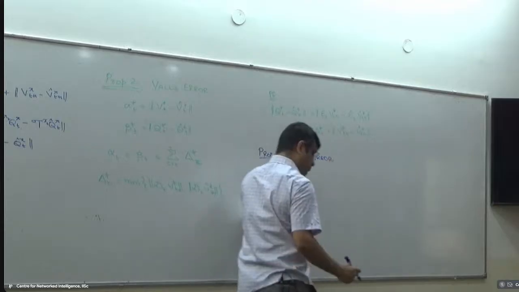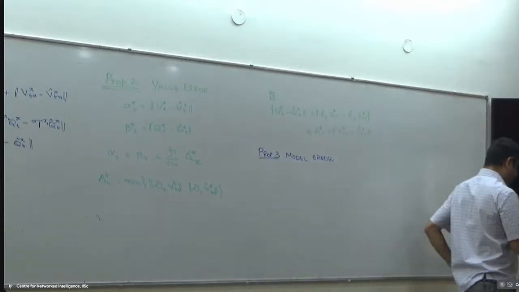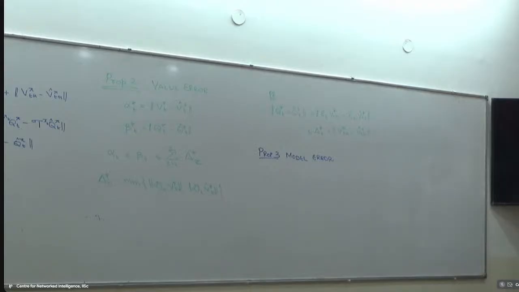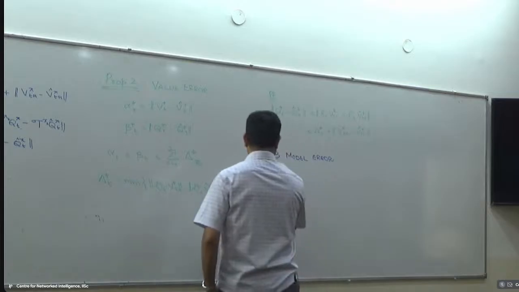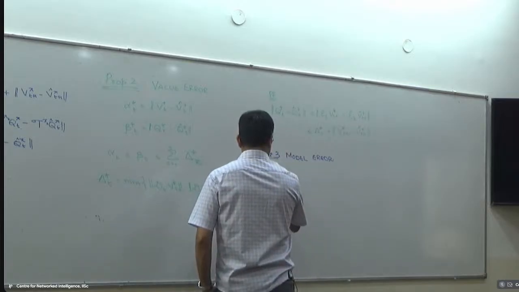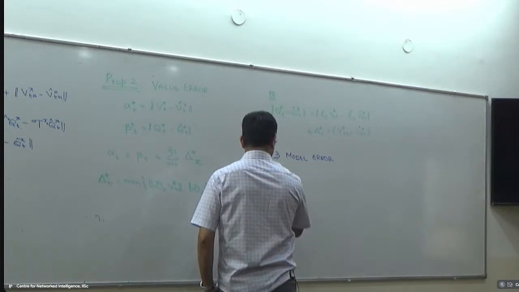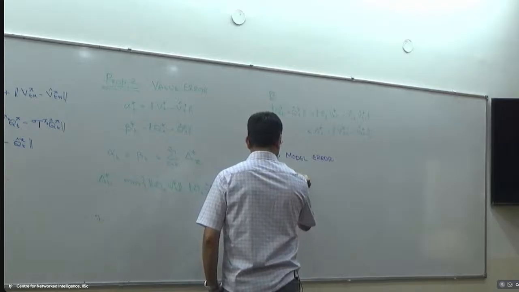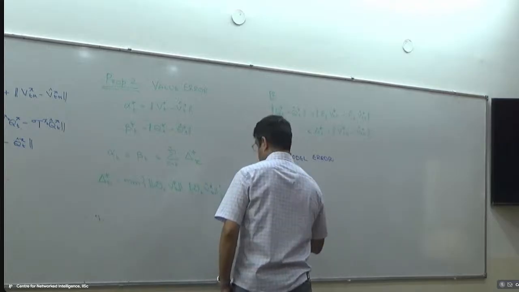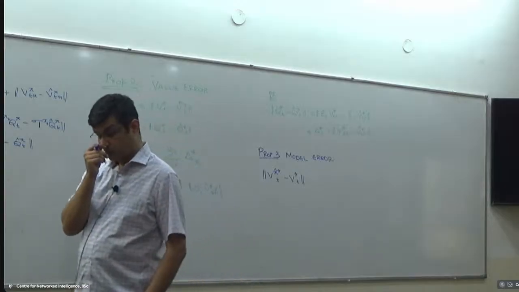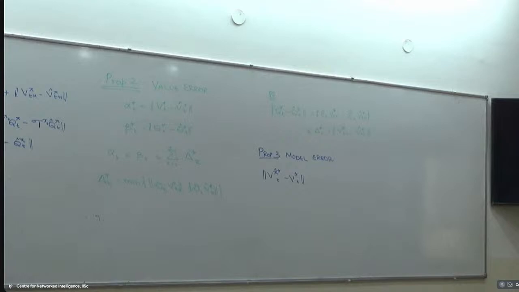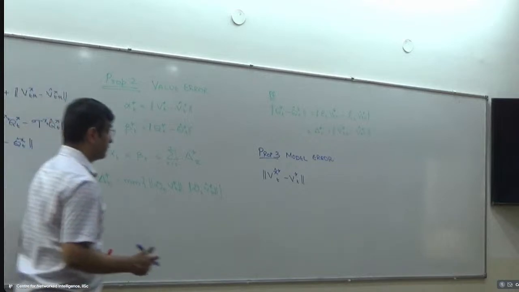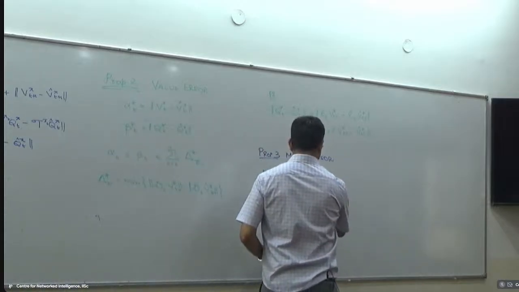Rather than stating the result first, let me just give the derivation because that's simpler. So what I'm interested in is having a bound on v pi hat star minus v star. I'm going to use triangle inequality. I'm going to say this is less than equal to.